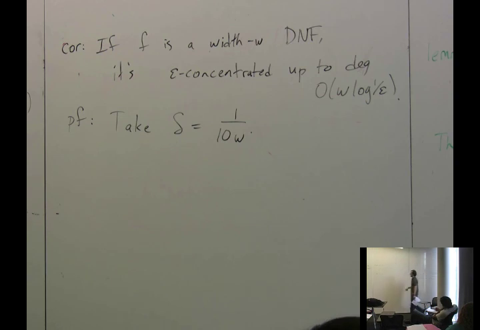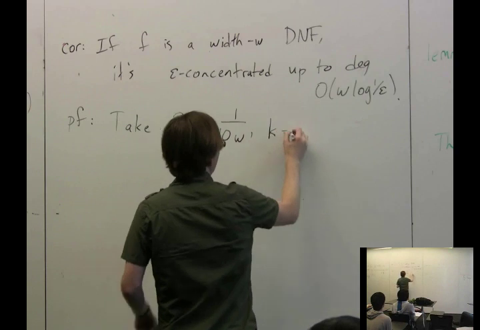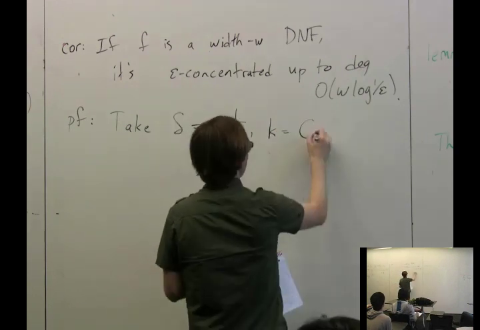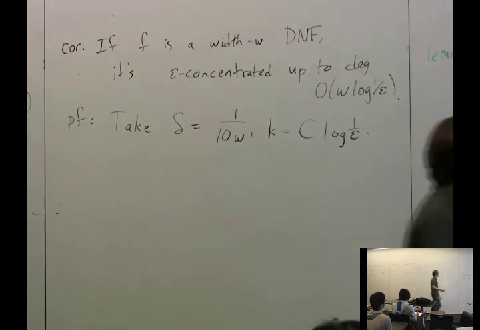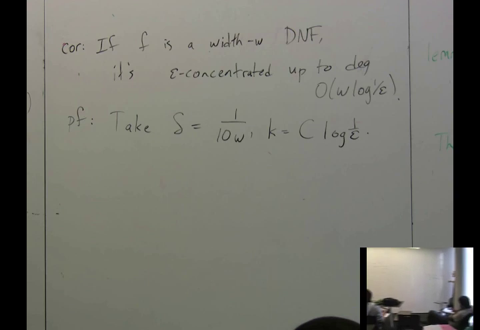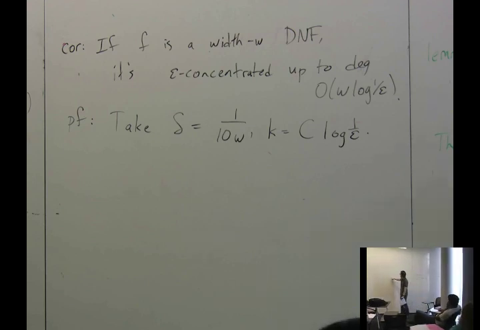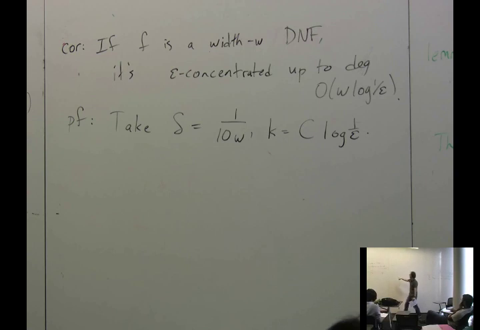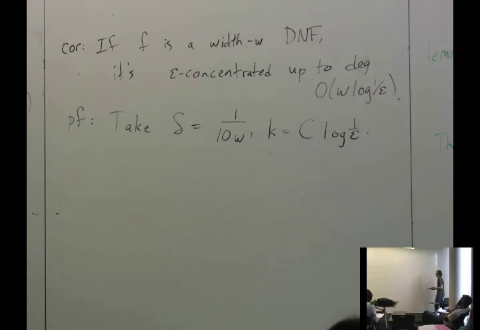Then you just take k to be some big constant times log 1 over epsilon. So the 2 to the minus k becomes epsilon, and this degree bound 3k over delta becomes like log 1 over epsilon times w. So that's pleasant.